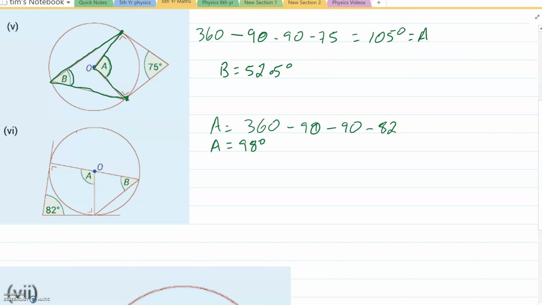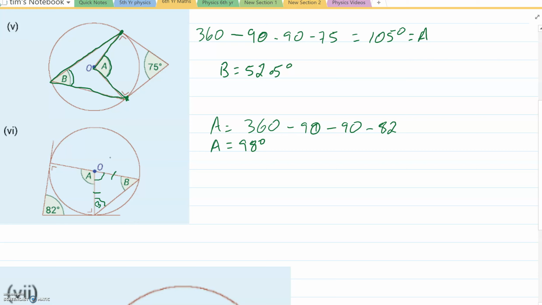Angle B: this line and this line are both radii, so you have an isosceles triangle. These 2 angles are both exactly the same, whatever angle B is. Now you know A is 98 degrees.